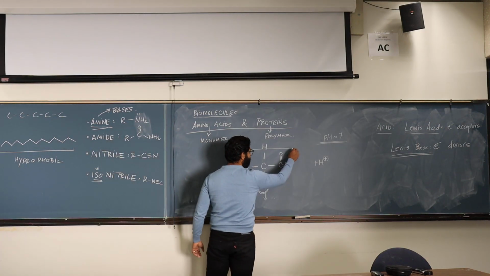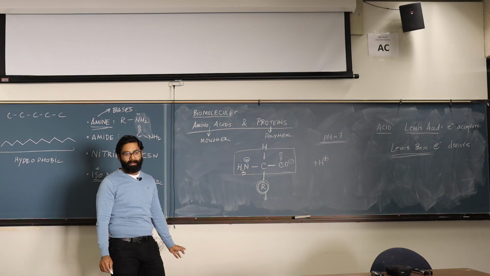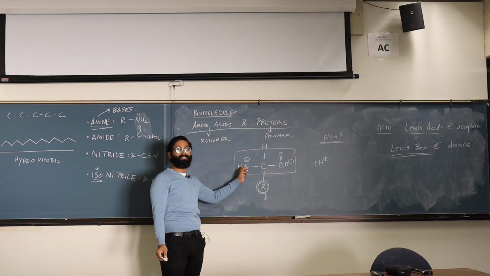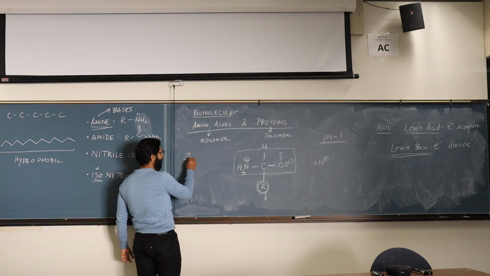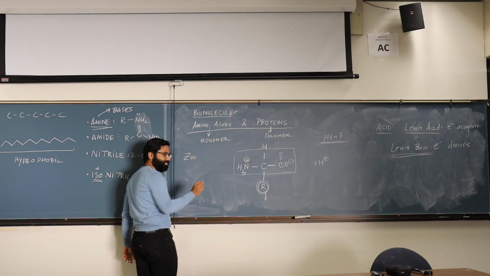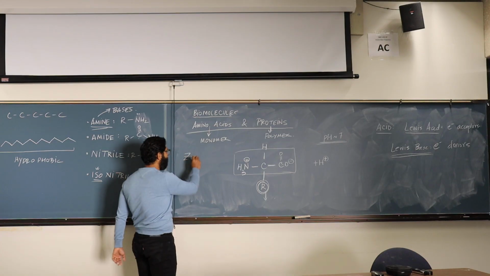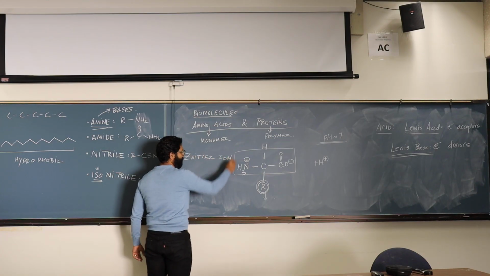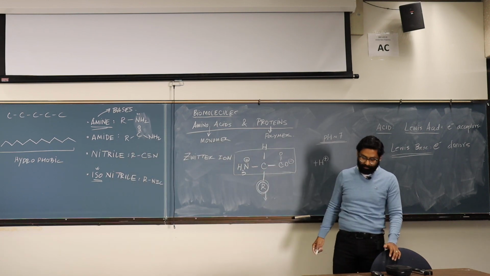And this can exist as a neutral molecule overall, but has a plus charged end and a minus charged end. This is an ion, but this is neither a cation nor an anion. This is a Zwitter ion, in which both of the plus and the minus are on the same molecule.